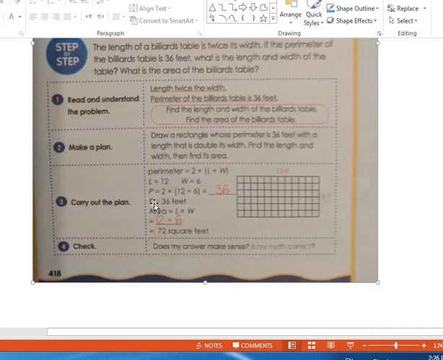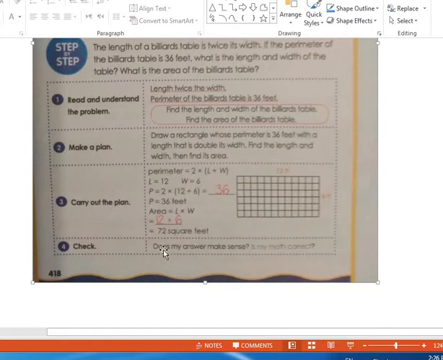So perimeter will be 2 times (12 plus 6) equals 36. And the perimeter here is 36 feet. Area equals length times width, which is 12 times 6. So the answer will be 72 square feet.